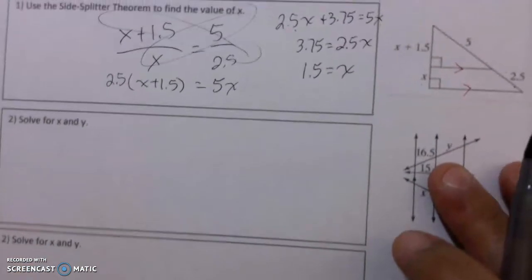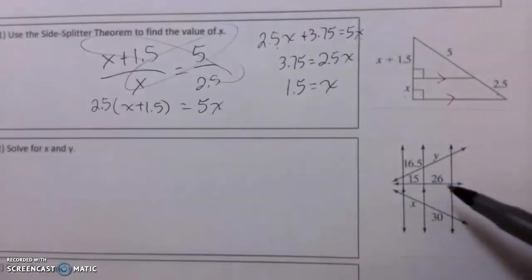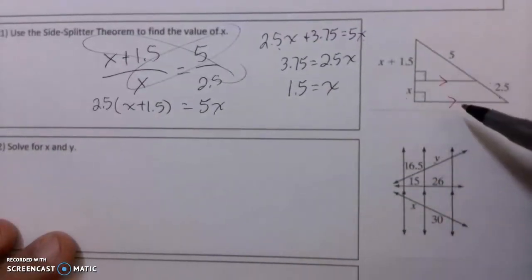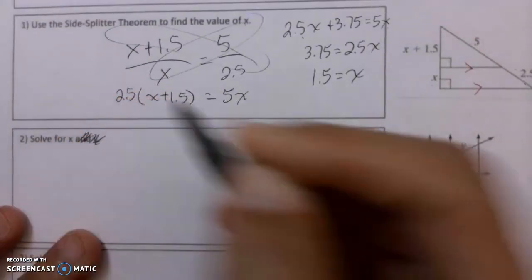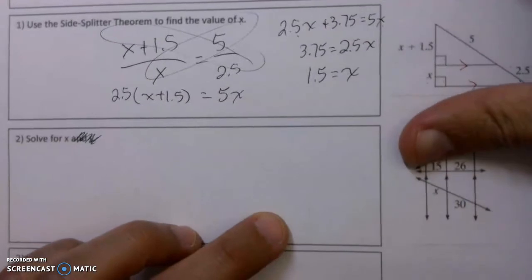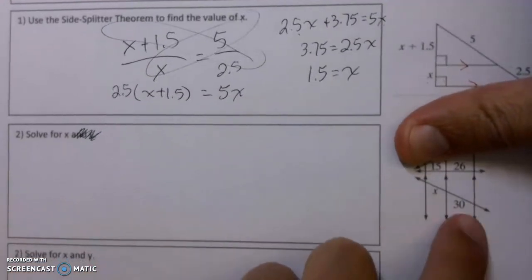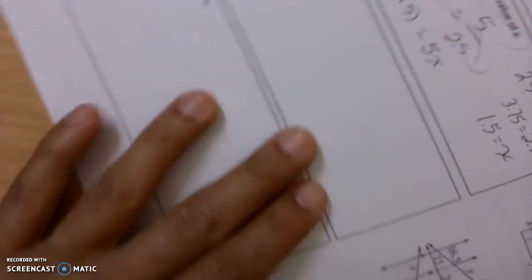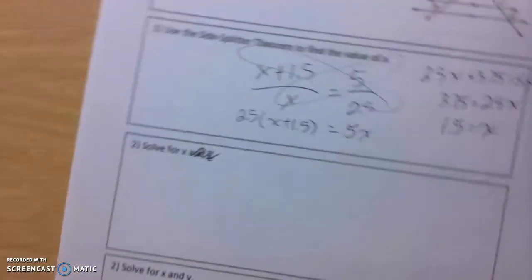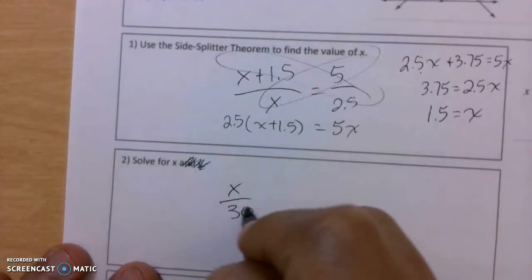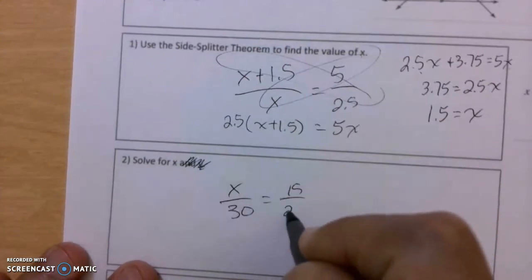Here is the one about the parallel lines. The next ones here, we've got parallel lines going up. We're going to solve for X. We could solve for Y, but let's just solve for X. We'll skip the Y part. We're just going to say left to left, right to right. If I rotate this paper, I'm just going to focus on left to left, right to right. So I'm going to say X to 30 is 15 to 26.